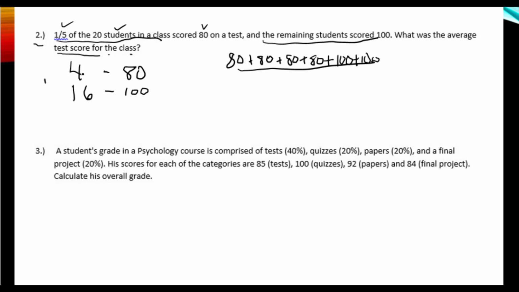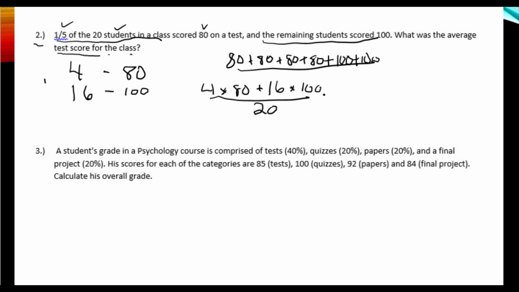But a quicker way is to go 4 times 80 plus 16 times 100 divided by the 20 students.